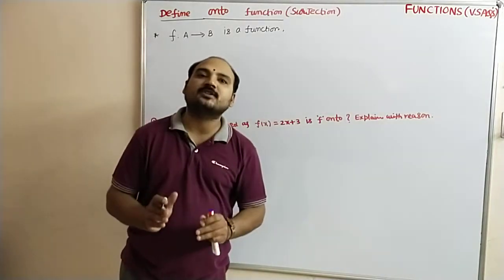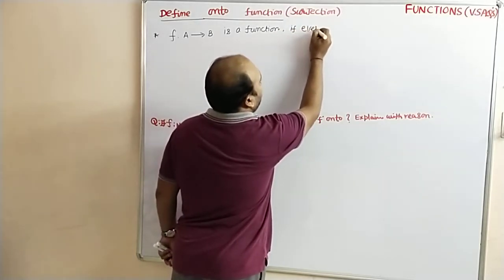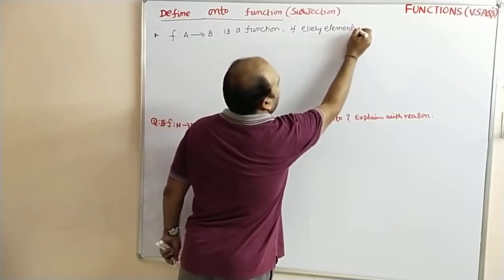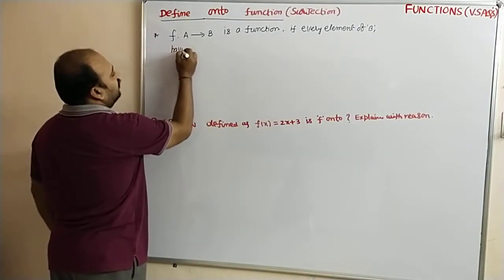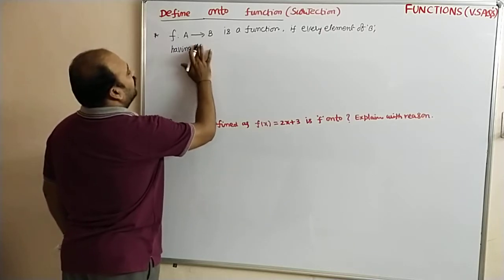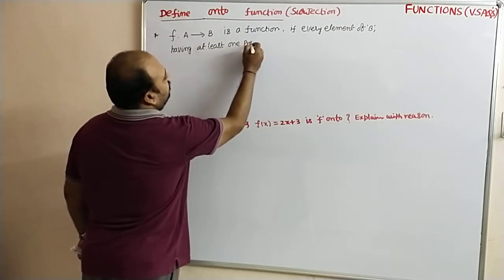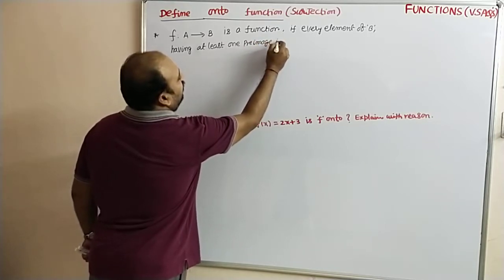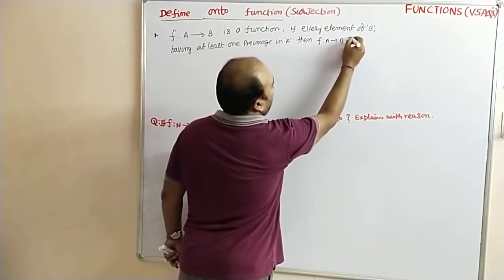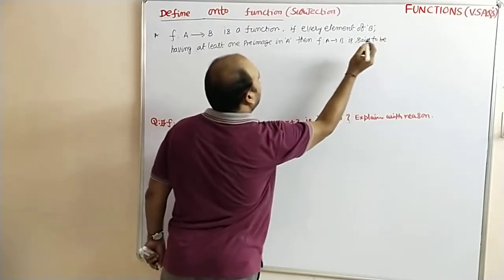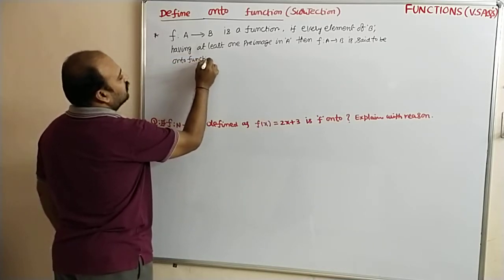If every element of B has at least one pre-image in A, then f from A to B is said to be an onto function or surjection.